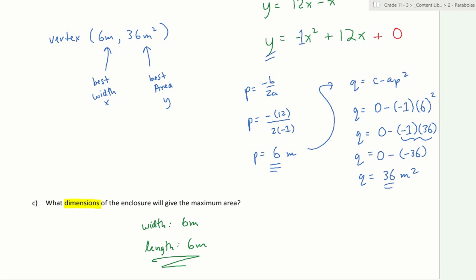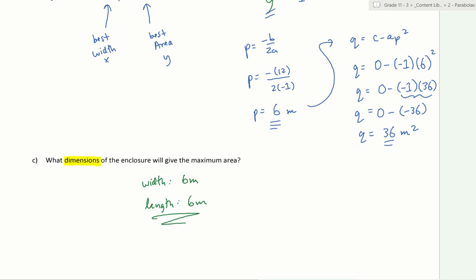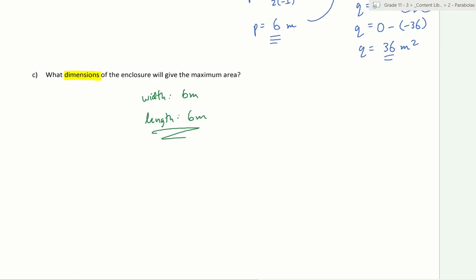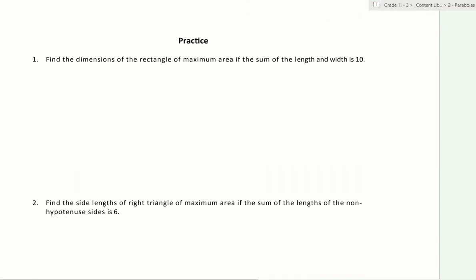On the next page, you have some questions where you have to maximize the area. I know you can do these without using algebra, but just to understand the process of setting up a formula that turns into a parabola, and finding the maximum or minimum, we're doing it algebraically.